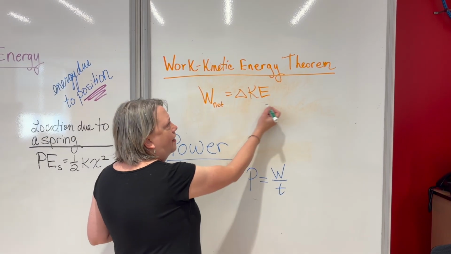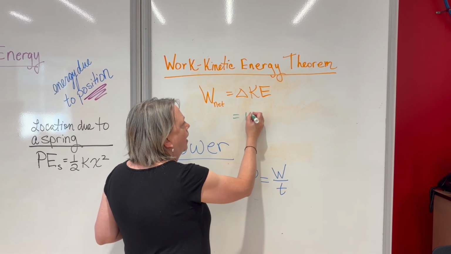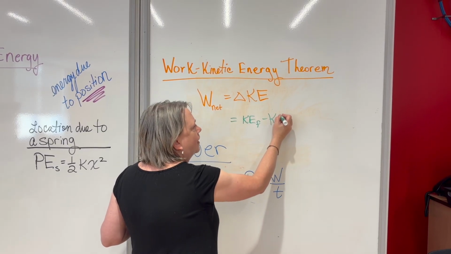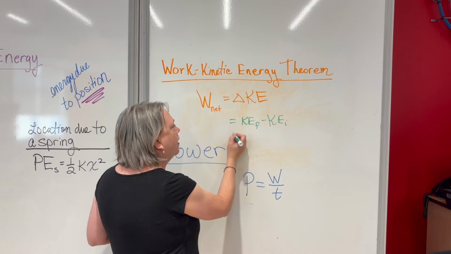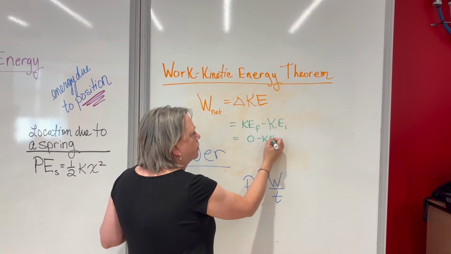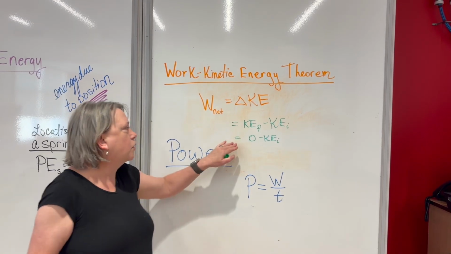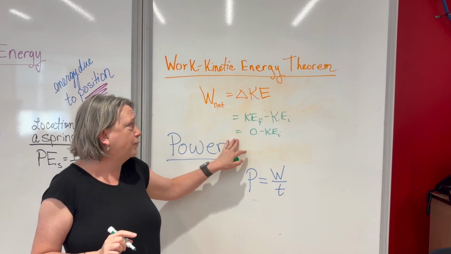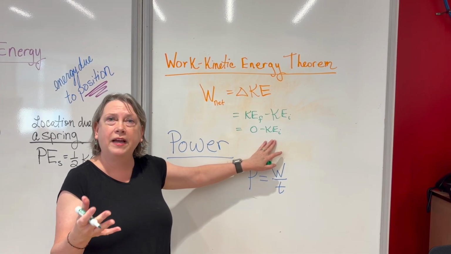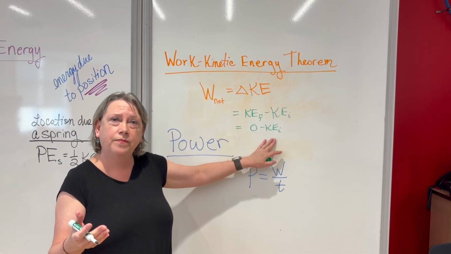In that situation, I would have kinetic energy final minus kinetic energy initial, and the final is 0. So my work done is going to be negative whatever my initial kinetic energy was.